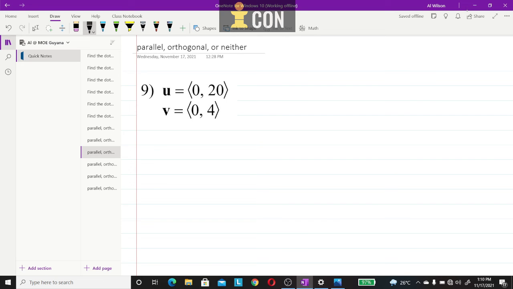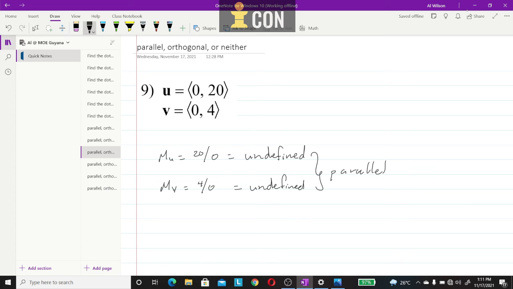So number 9, the magnitude of u is going to be 20 divided by 0, which is undefined. And the magnitude of v is 4 divided by 0, which is also undefined. As a result, they are parallel.